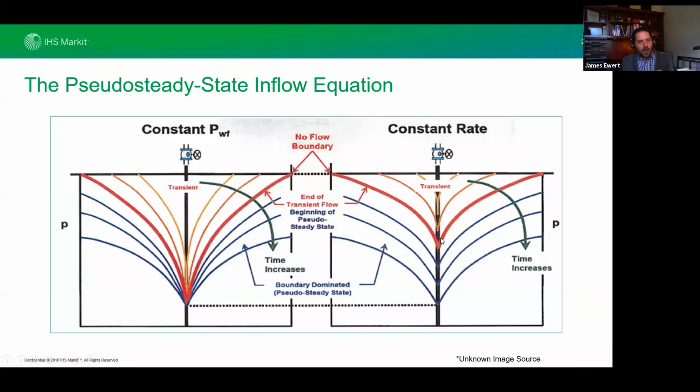What I want you to know is that for a constant rate system with an oil above the bubble point, if you have bounded flow, boundary dominated flow, the change in pressure at the wellbore flowing pressure from here to here is going to be exactly the same at the reservoir extent.